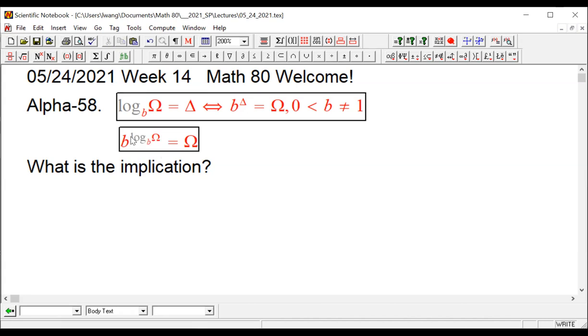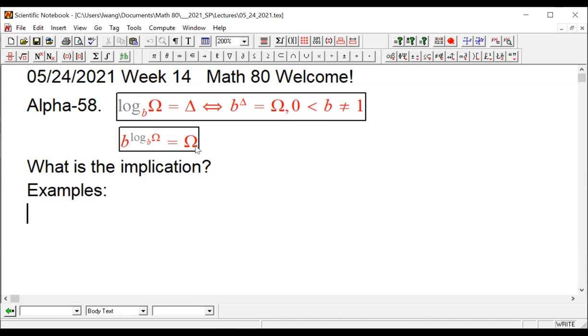In front of the logarithm form, there's no other number but 1, just 1 times that, so we can remove the 1. So when these two bases are the same, one for the exponential and one for the logarithm, whatever omega is, the whole thing is going to equal omega. Okay, let's look at some examples.